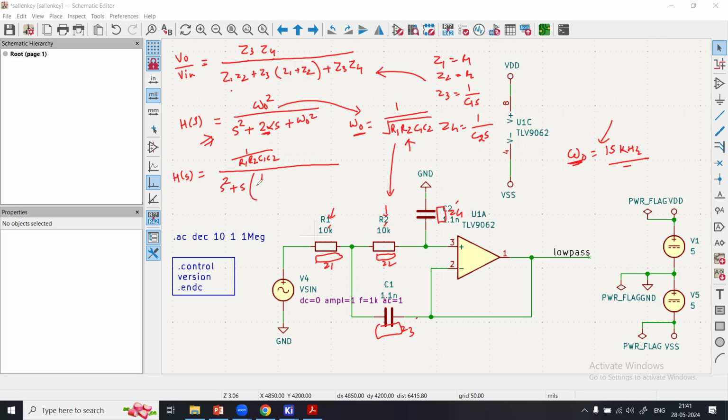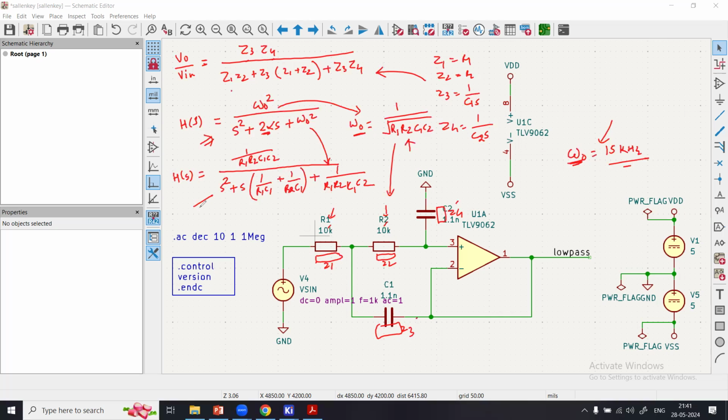So I will say (1 over R1 C1 plus 1 over R2 C1) plus 1 over R1 R2 C1 C2, which is omega naught square. So that's my transfer function.